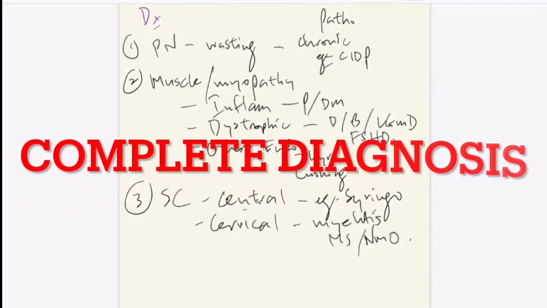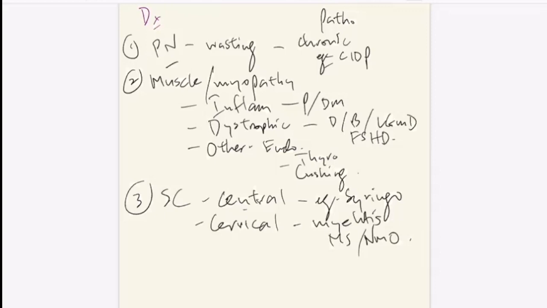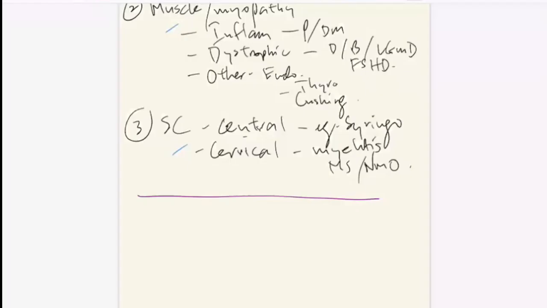So remember, after we have determined the likely anatomy, either nerve, muscle, or spinal cord, only then do we offer the differential in terms of the pathology. Then your diagnosis.